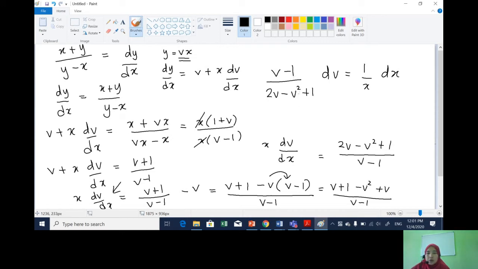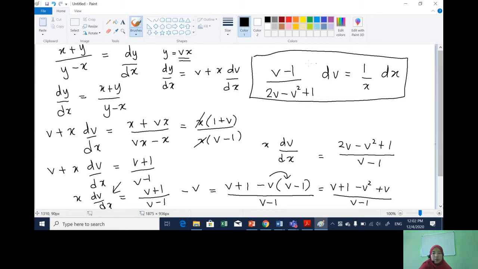Remember there is an inverse operation: x brought to the right hand side becomes divide, that's why here we have 1 over x. This is the form that we will consider to proceed with separable variables. Separable variables means that we sort according to v following dv, and x following dx.